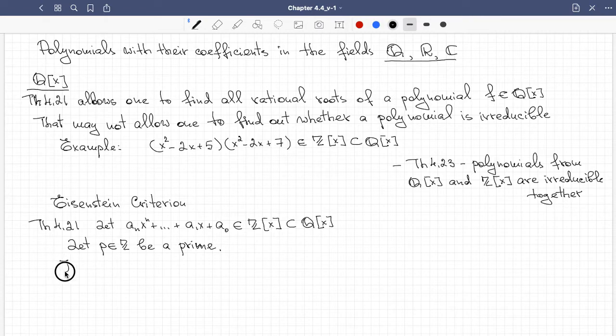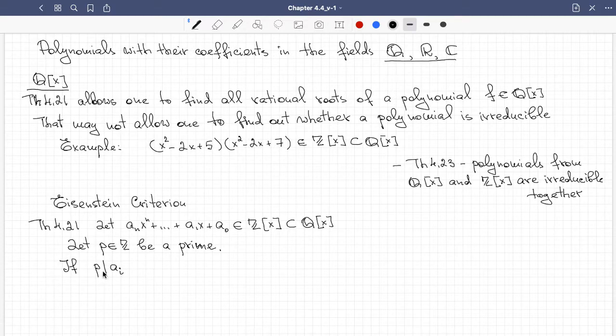if the following conditions are satisfied. p divides the coefficients, all of them, but the leading coefficient.